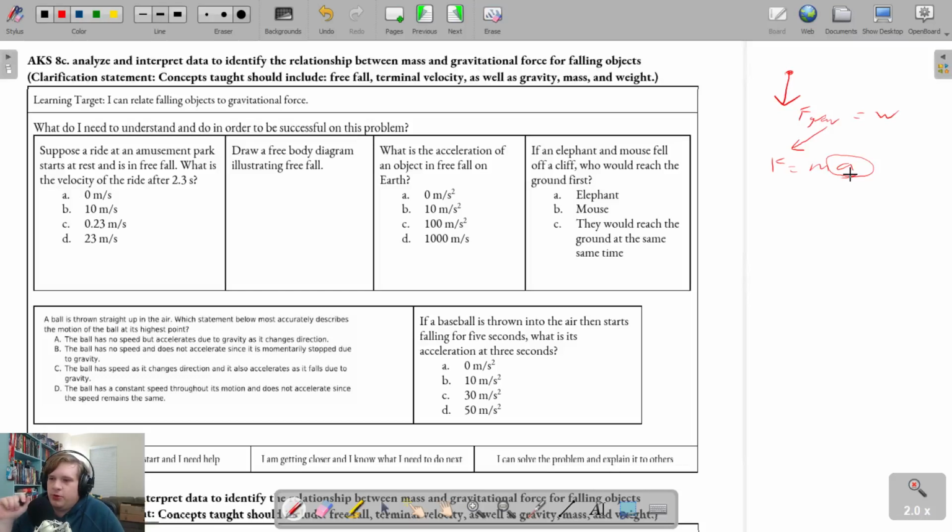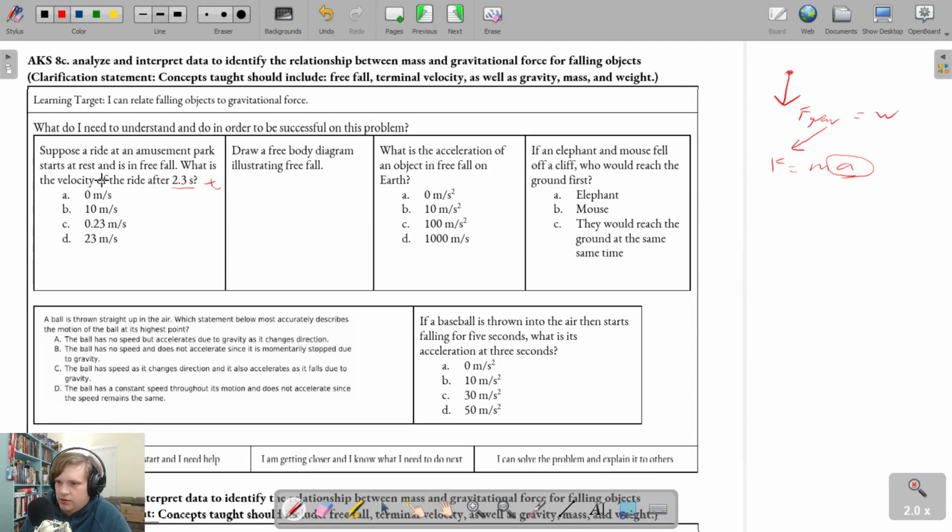So, suppose a ride at an amusement park starts at rest and is in freefall. Freefall means the only force acting upon it is gravity. What is the velocity of the ride after 2.3 seconds? Well, that's a time, so that's our time.